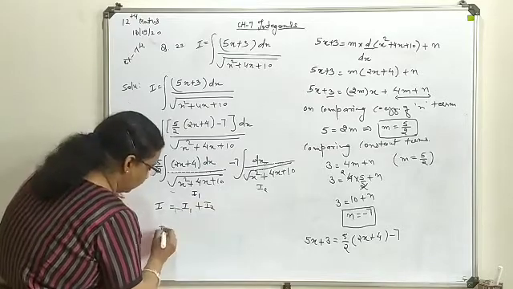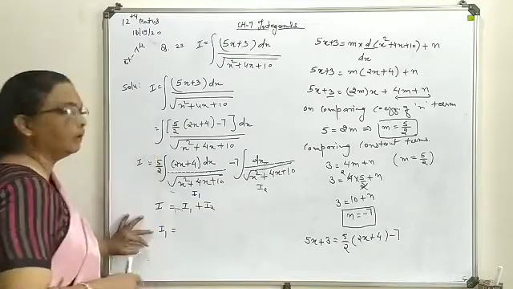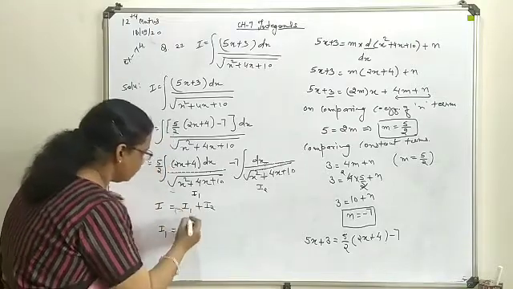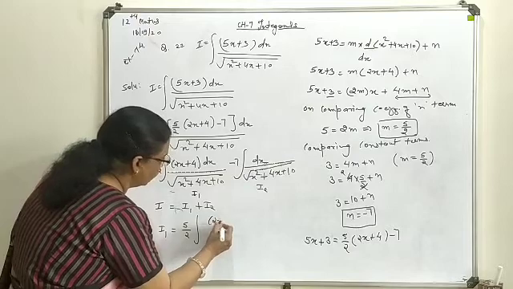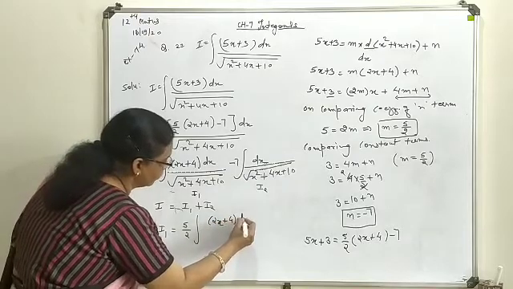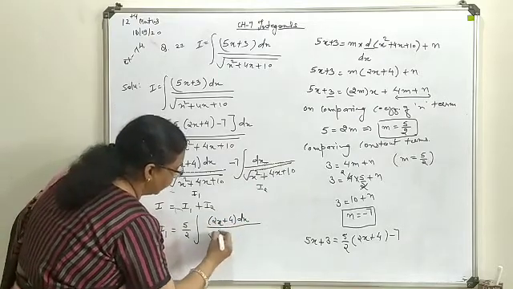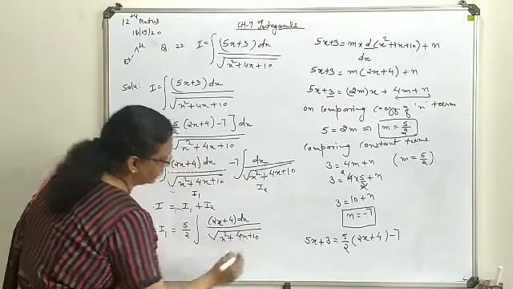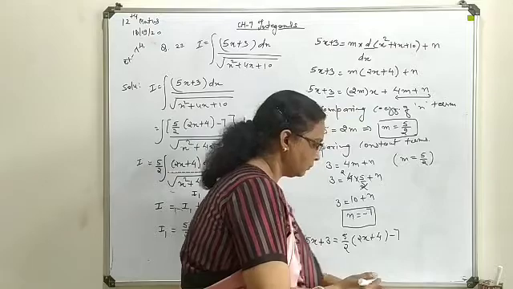So first of all, we will go for evaluation of your I1 term, that is 5 by 2 times (2x plus 4) dx upon under root x square plus 4x plus 10.